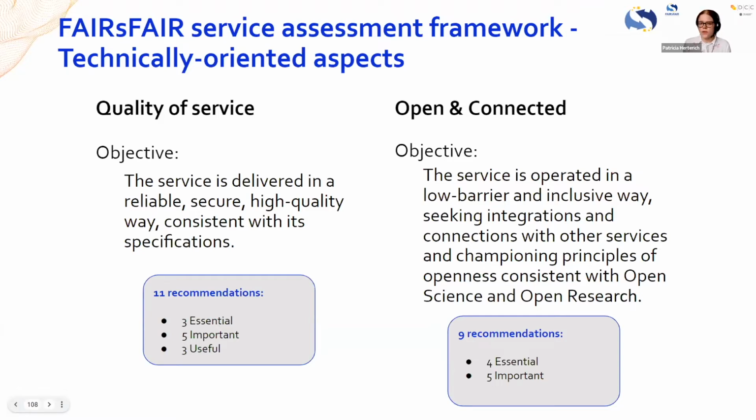Though FAIR isn't the same as openness necessarily, we think there are still a range of recommendations, and it's still important that the service is operated in a low barrier and inclusive way, and that it connects to other services and thus still champions some of the principles of openness.